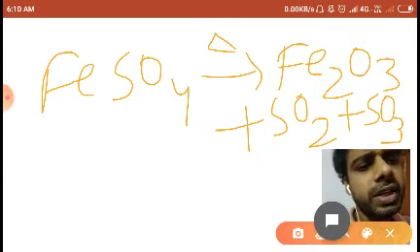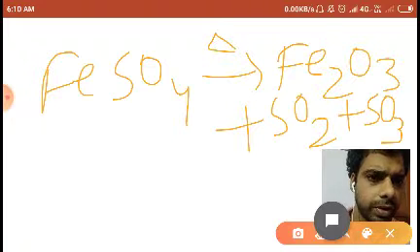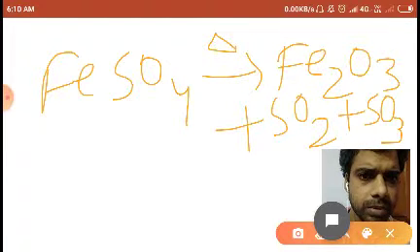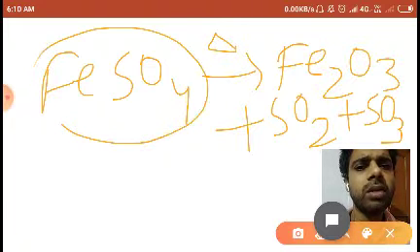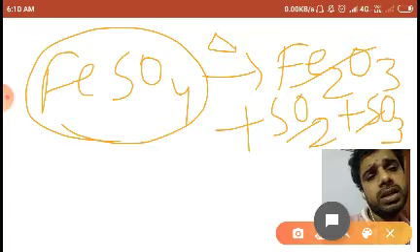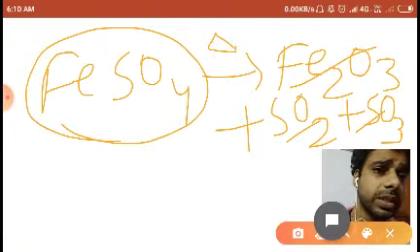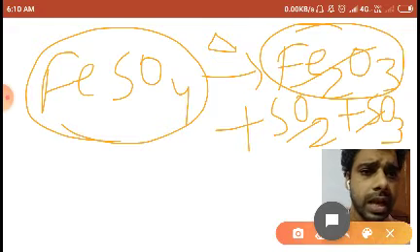Dear student, you can balance that easily. This is a decomposition reaction, where one compound is breaking into 3 compounds. Here Fe2O3 is iron oxide.